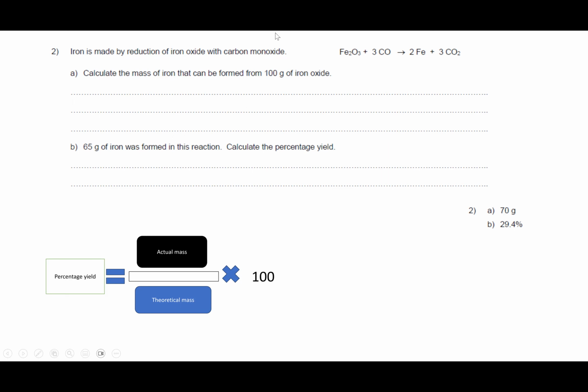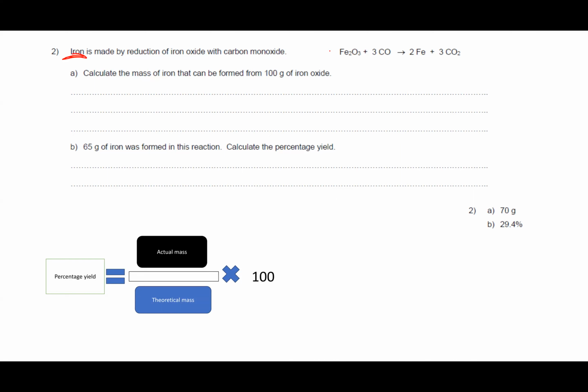You are given an equation and a process, which is what you're meant to be converting into an equation anyway. Usually they would give it to you, or sometimes you have to make it yourself. So, for example, here, iron. When you read a question, you need to be underlining the information that is given.